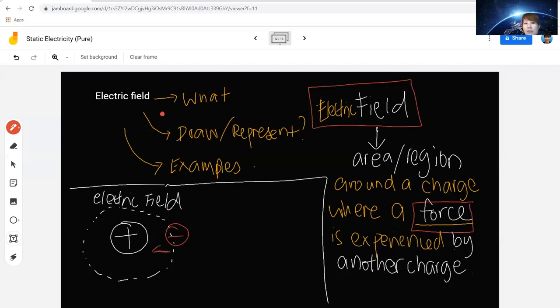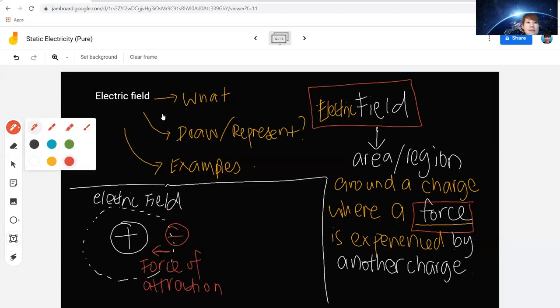There will be a force of attraction exerted on the negative charge. Because of how the negative charge moves, we know the presence of the electric field surrounding the positive charge. So whenever we talk about field, it is always related to a force that's being experienced as well.